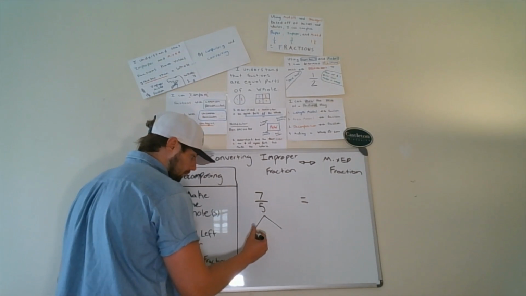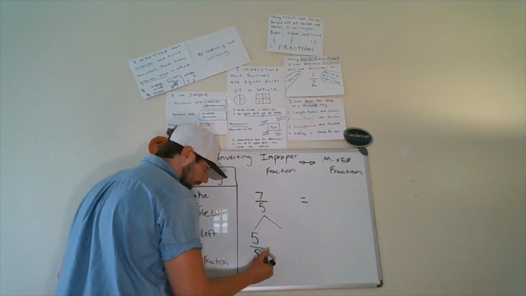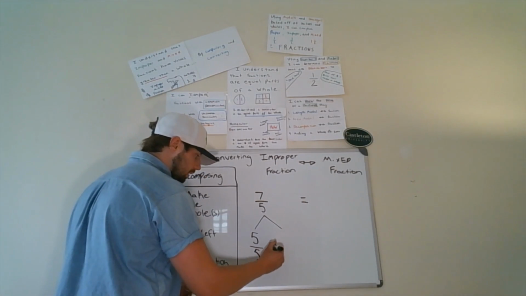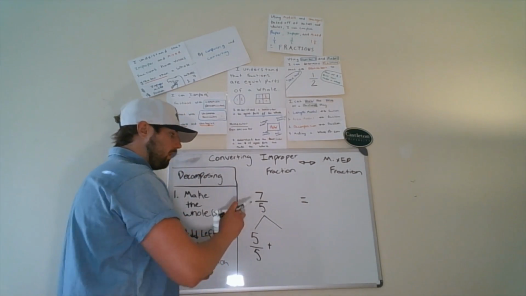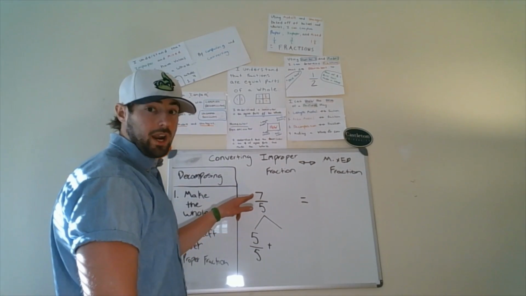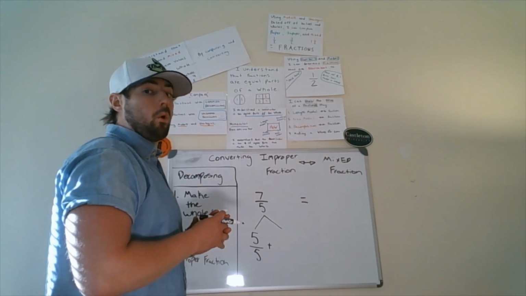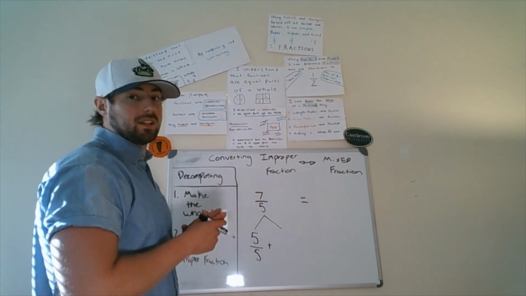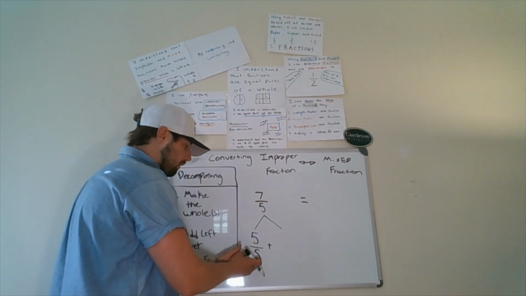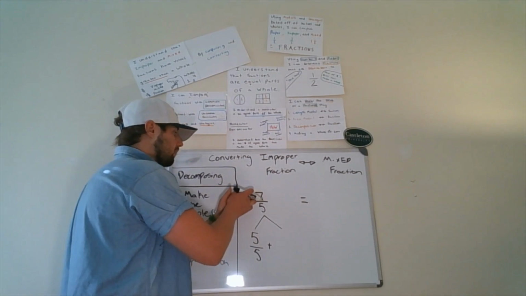So I am going to write 5/5. But we're not talking about a whole. Our numerator is greater than our denominator. We know it's more than a whole. We know it's an improper fraction. We're not talking about 5/5.